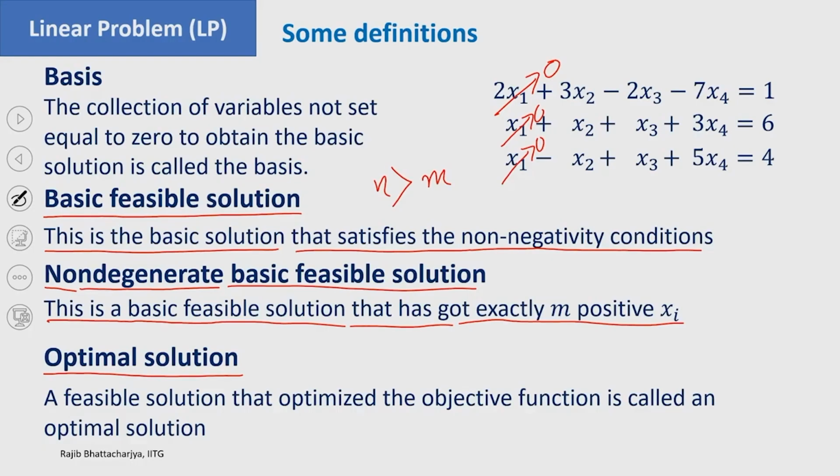Then a feasible solution that optimizes the objective function is called the optimal solution. Basically our objective is to find the optimal solution of this problem, and that solution must be a feasible solution.